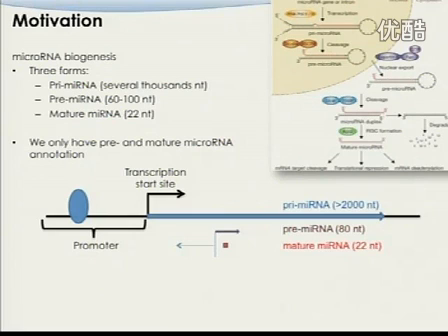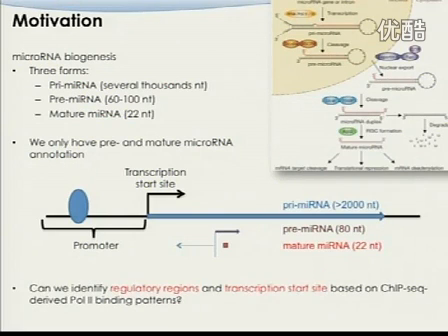It's not in the promoter regions. So our goal for this project is, at the time we had RNA polymerase II ChIP-seq data, and we were thinking whether we can identify the regulatory regions and transcription start sites just based on ChIP-seq derived RNA polymerase II binding patterns.